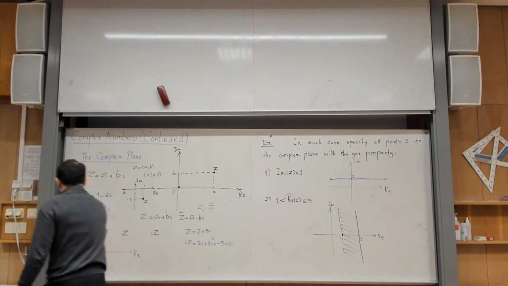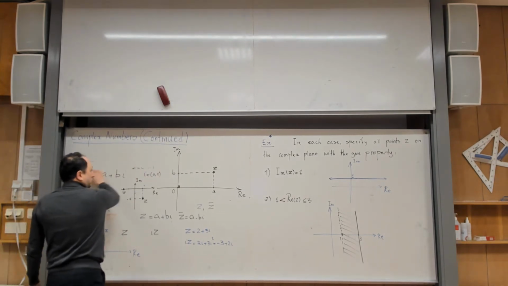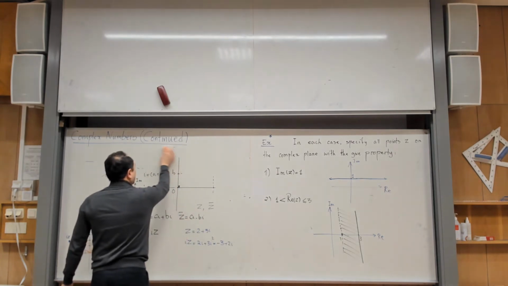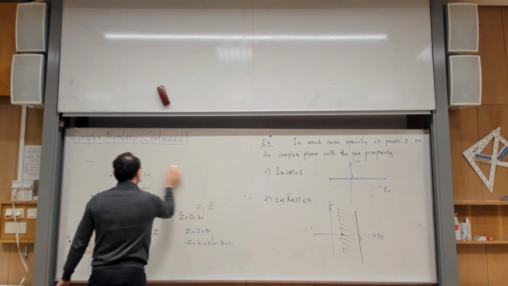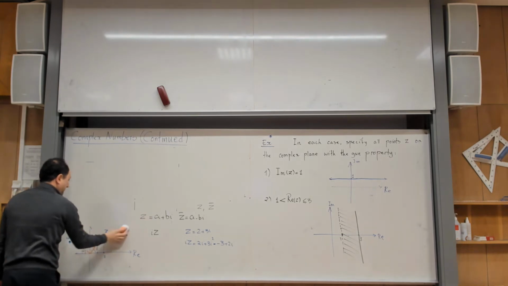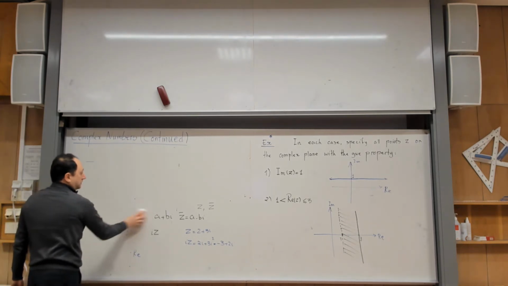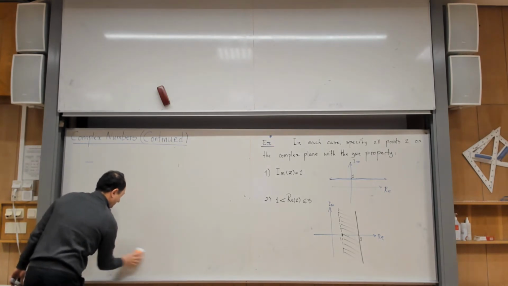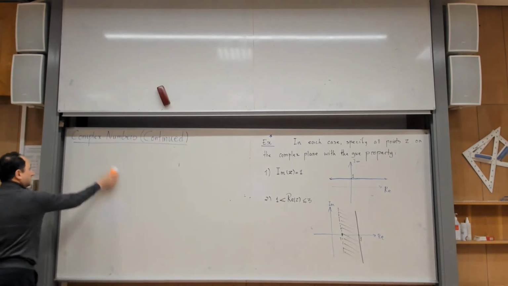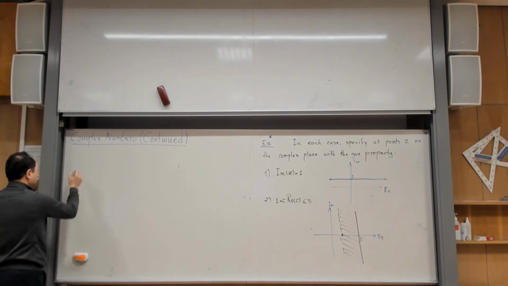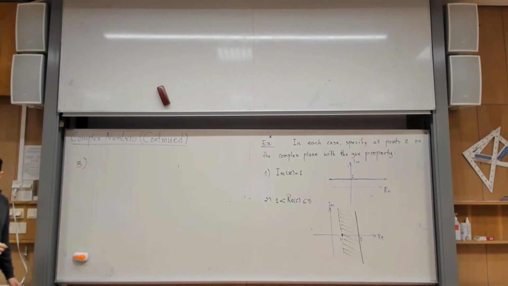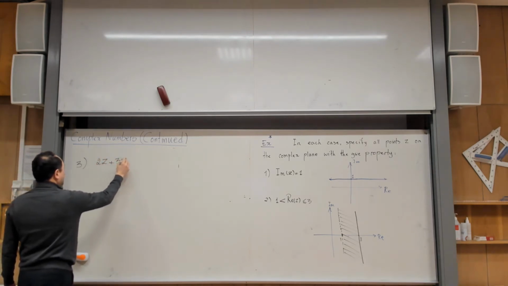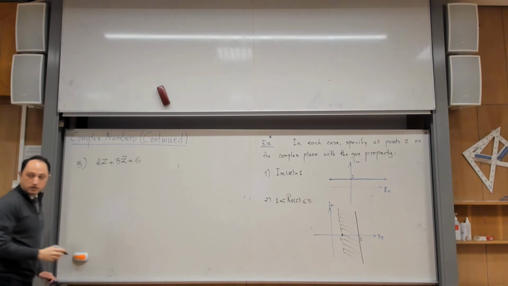Okay, now let me give you another one. And I want to wait for you. It's more tricky. So these are simple ones in your book. Okay, number 3. Let me write this equation for you. 2z plus 3z bar is equal to 6.